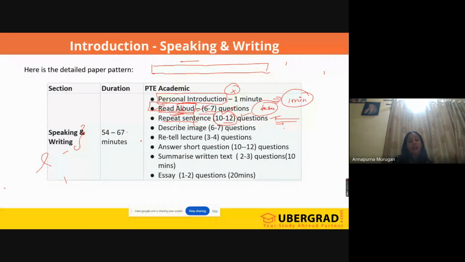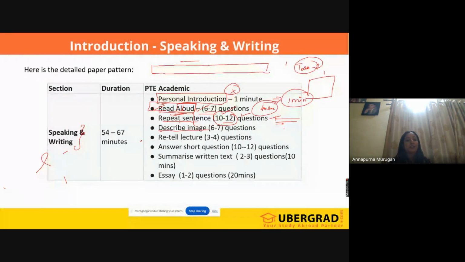Repeat sentence. Believe it or not, every question has a purpose here. And then describe the image. Those who have taken the IELTS examination, the writing task one, I guess everyone remembers. In that, you have report writing.